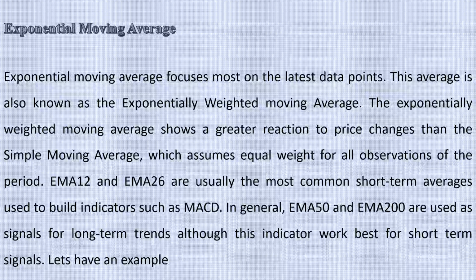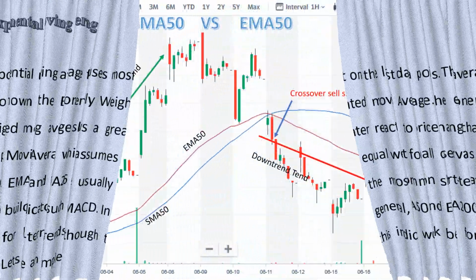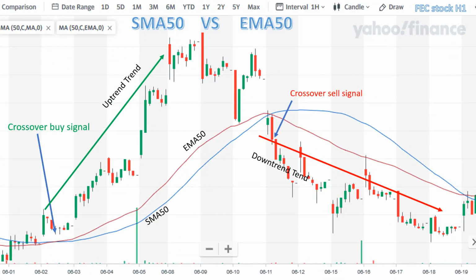Let's have an example. This is Yahoo Finance, FEC stock, H1 time frame. I installed two moving averages.